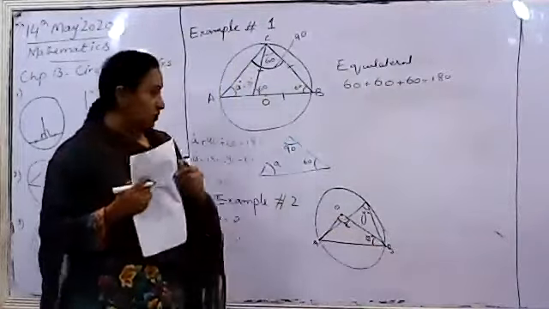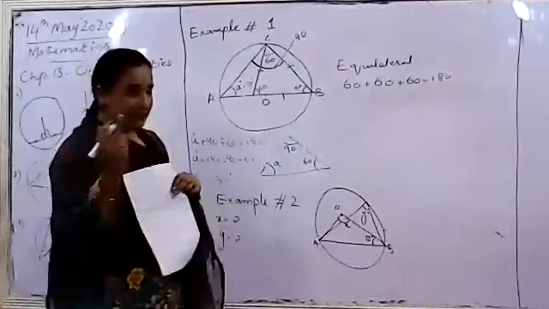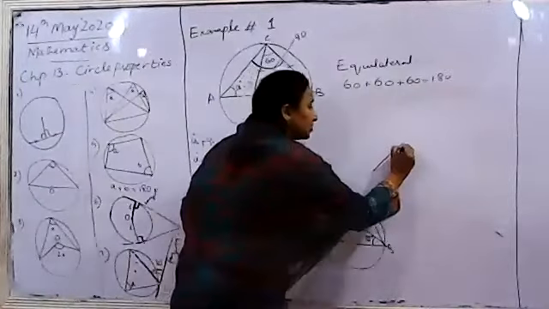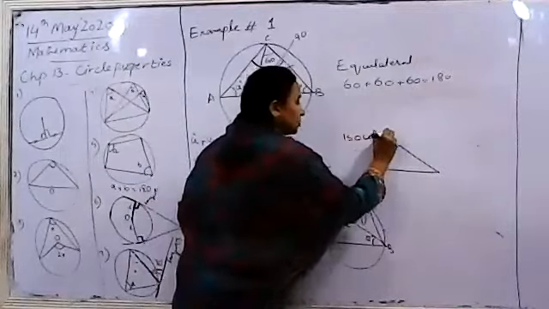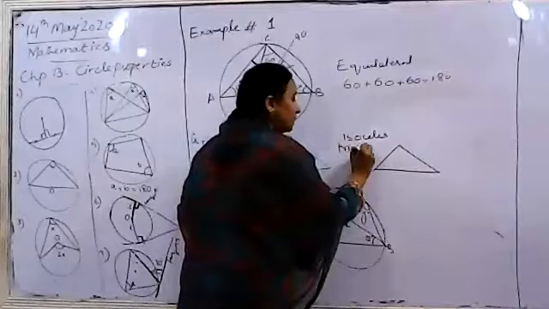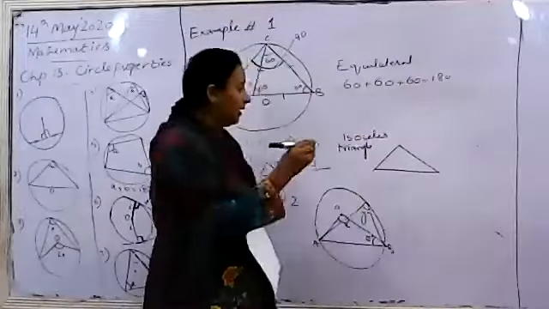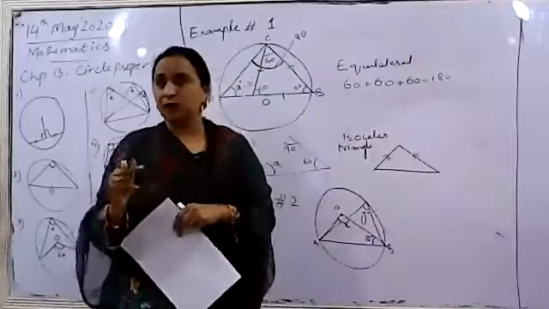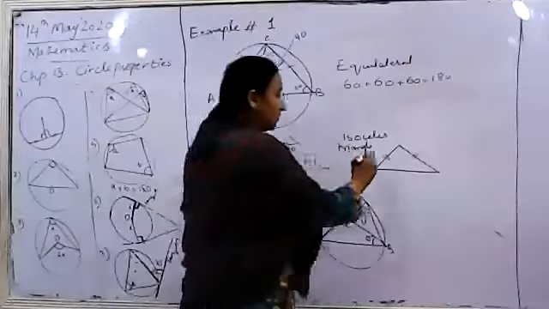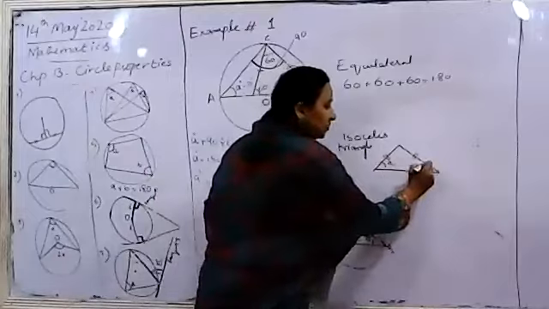For solving this question, I must take your previous concept of the isosceles triangle. If this is an isosceles triangle, students, what happens in an isosceles triangle? In an isosceles triangle, these two sides are equal. When two sides are equal, their base angles are equal, right?